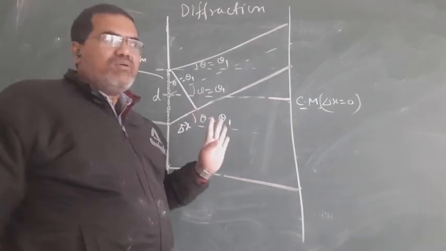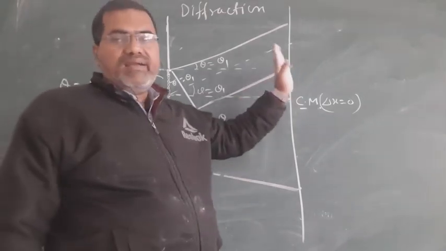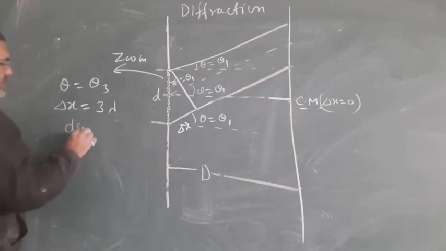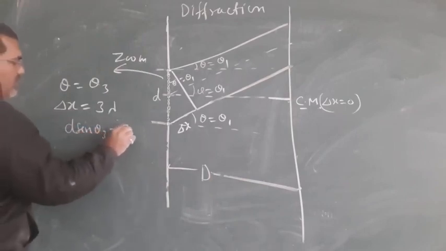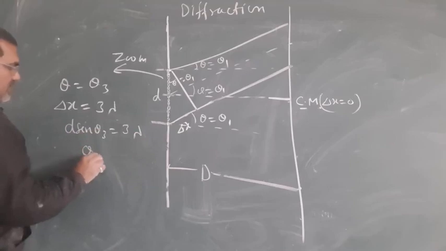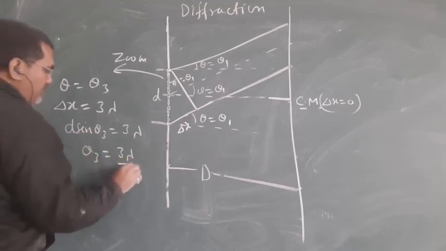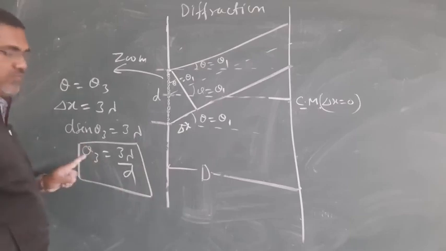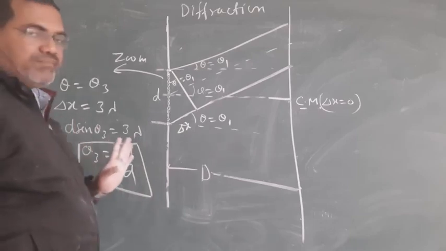They will cancel out and minima will be obtained at the screen. So d sin theta 3 equals 3 lambda, so theta 3 equals 3 lambda by d. This is the angular position of the third minima from the central maxima.